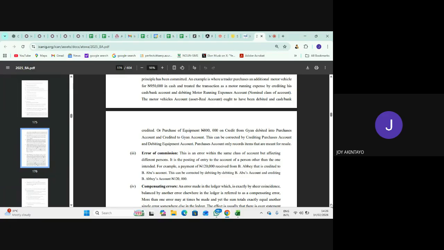For example, payment of 120,000 naira received from B Abu is credited to B Abu's account. So the correction is just to go to B Abu's account and debit it, and you credit the other B Abu's account.